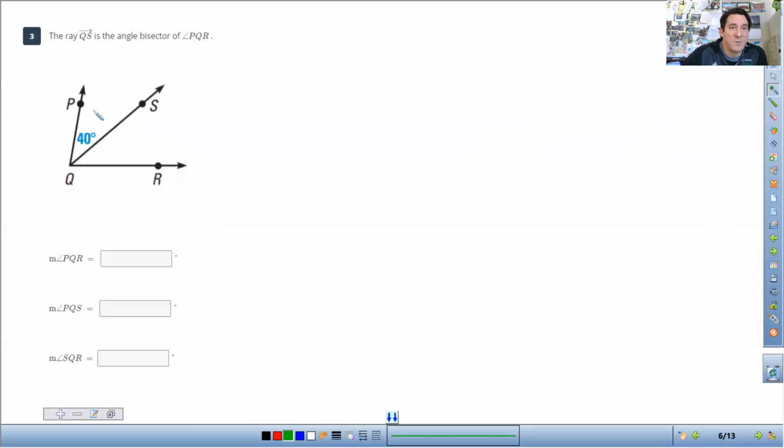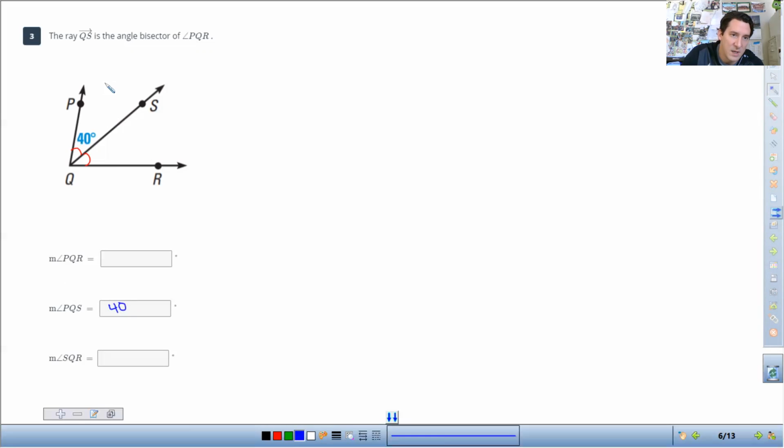So this one here, ray QS is an angle bisector of angle PQR. That means the ray QS is cutting the big angle into two congruent parts, two equal parts. So I'm going to put in my congruency tick marks. This is saying that PQS is 40 degrees.